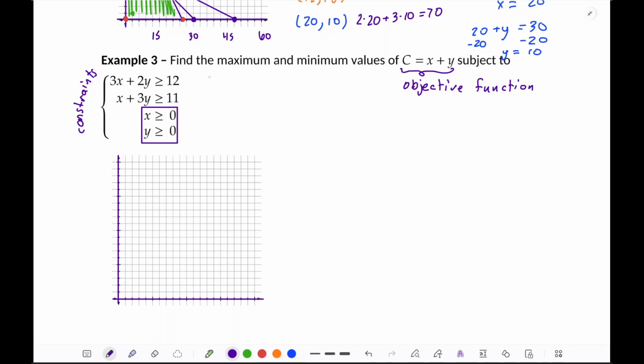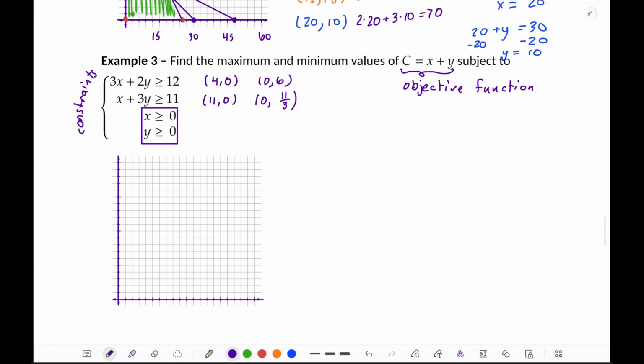I'm going to do the cover-up method here. We get 4, 0 for the x-intercept, 0, 6 for the y-intercept. Get 11, 0 for the x-intercept, and 0, 11 thirds for the y-intercept. I'm just going to go 20, 20.